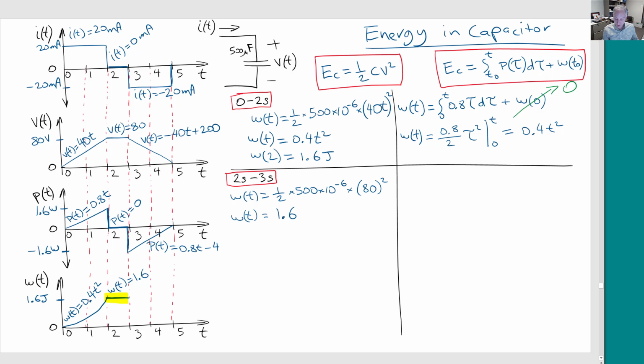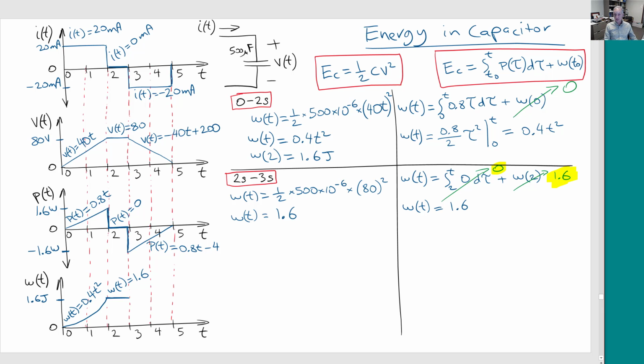That's what we expect. Then, if we do the integral, we have to use the power, and we know the power in that interval was 0. So we get 0 for the integral, and we're taking the energy at 2 seconds. So the integral goes to 0, and the energy at 2 seconds was 1.6.